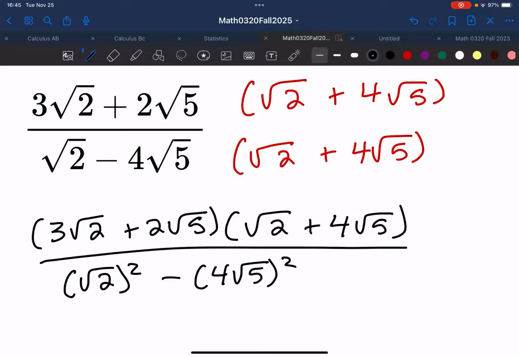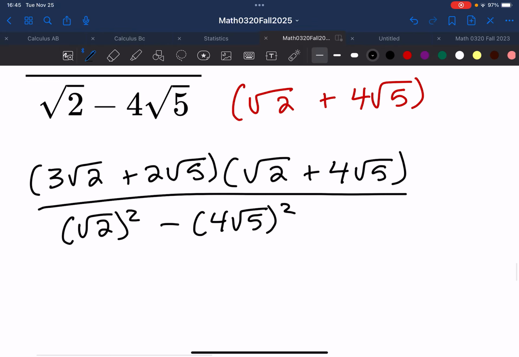The big difference here is since this term here, that 4 square roots of 5 squared, has a coefficient in front of the square root, we need to make sure that not only do we square the square root of 5, but we also square the 4.